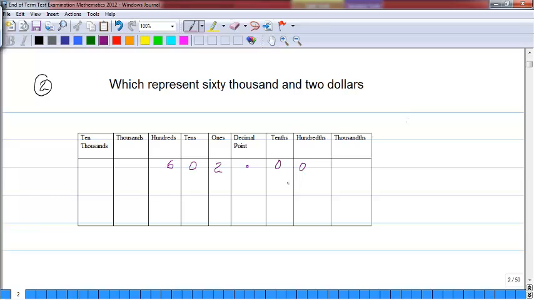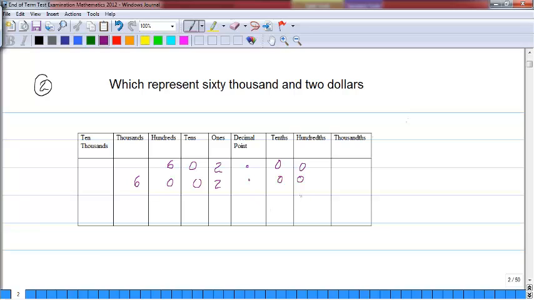Then continuing with B, we have 0, 0, decimal point. We have 2, 0, 0, 6. Reading again now, we have $6,002. No sense. So this is not the same as $60,002.